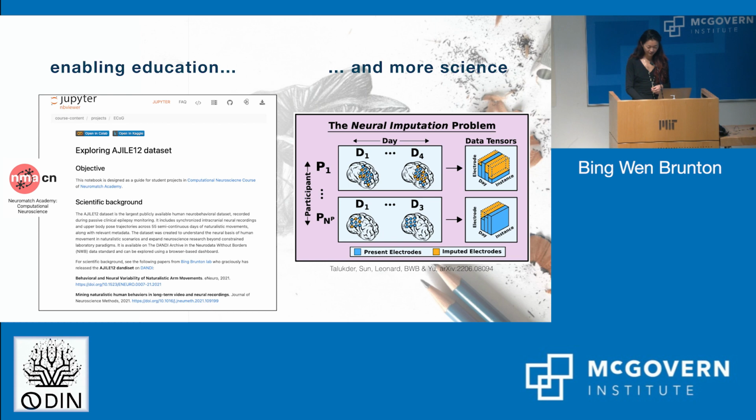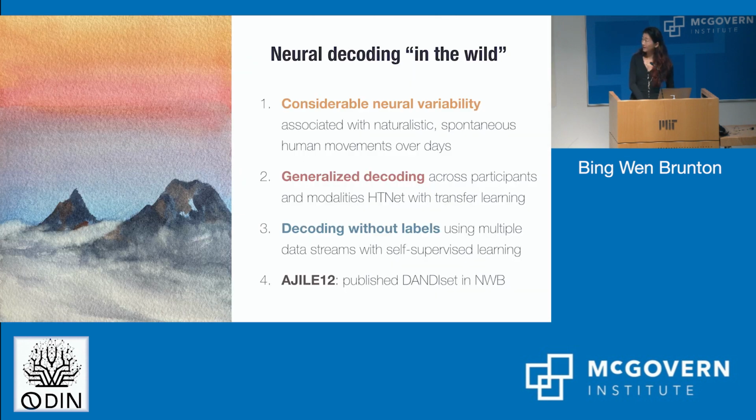And we've also collaborated with a few other people. Here's one preprint from Sabira Taukar, who decided to do a project on our data set on something that I thought about doing before, but never quite did, on the neural imputation problem, where we had a lot of missing data.